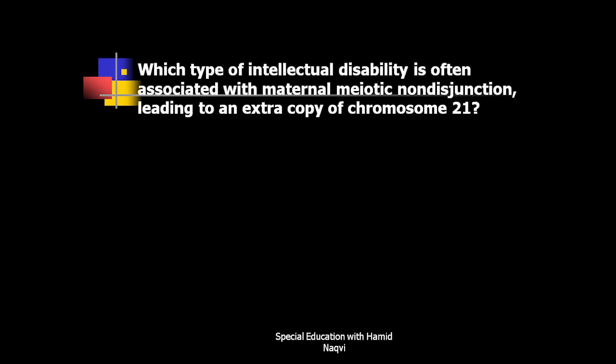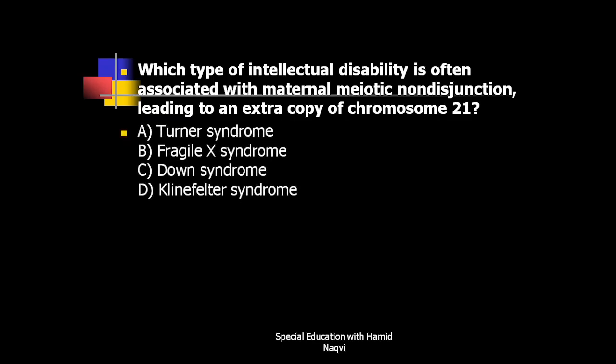Next is which type of intellectual disability is often associated with maternal meiotic non-disjunction leading to an extra copy of chromosome 21. Turner syndrome, Fragile X syndrome, Down syndrome, or Klinefelter syndrome.